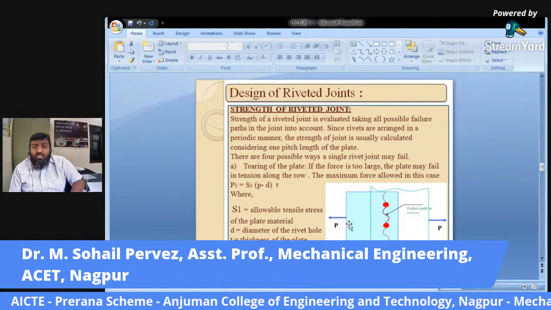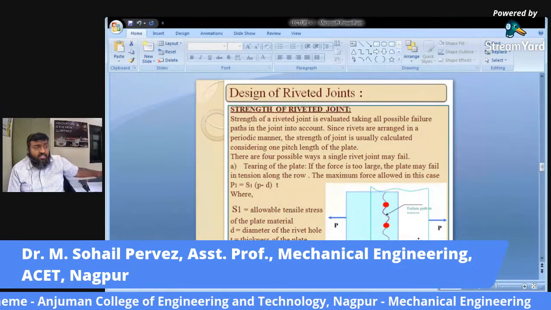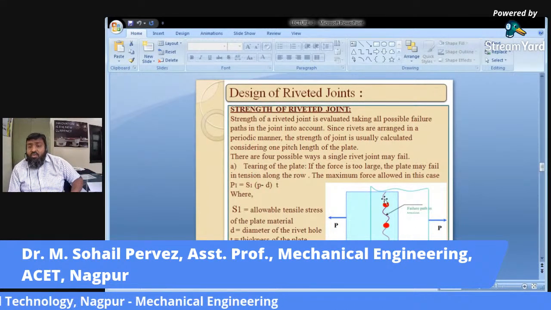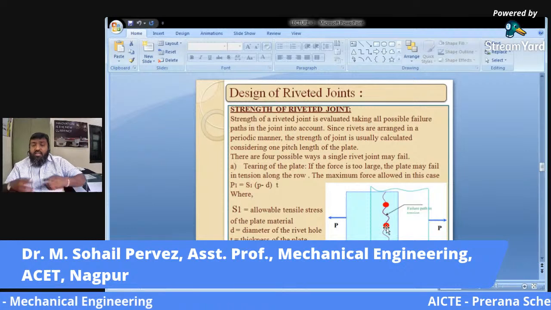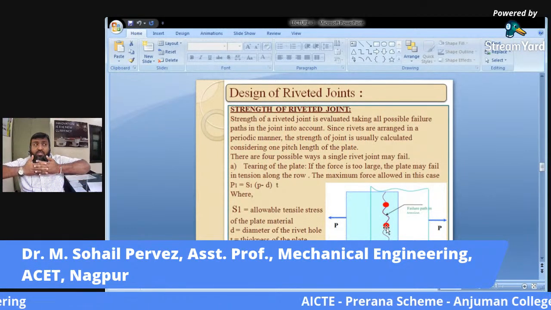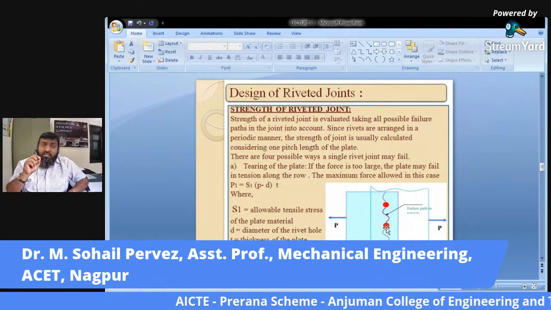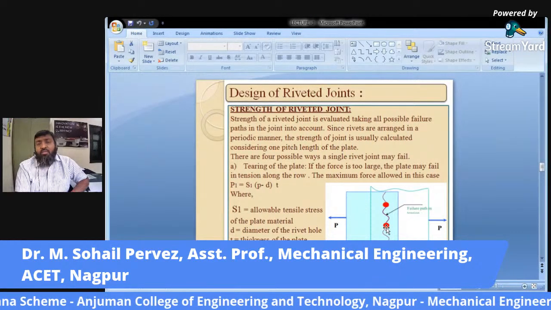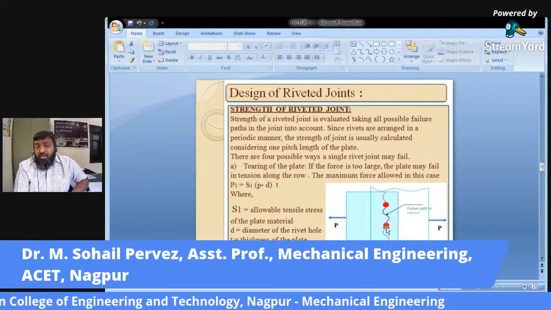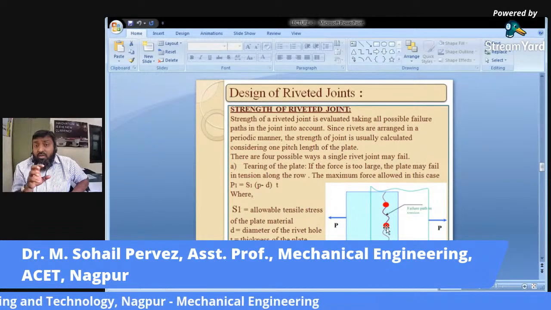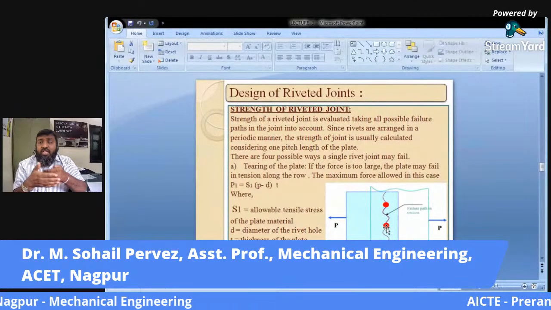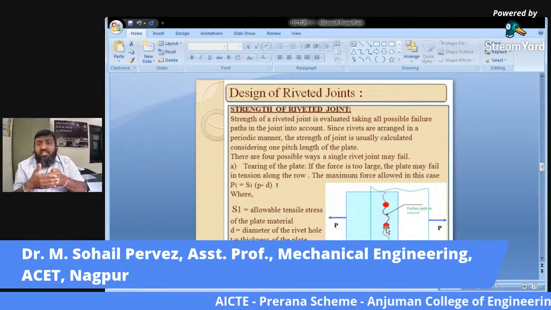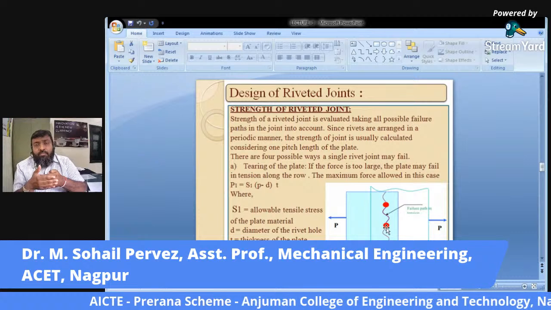Now, how will this joint fail? First, the tearing of the plate. When we want to rivet, we have to drill holes in the parent plates. When we join two plates, holes will be drilled, and when holes are drilled, obviously stress concentration will act.